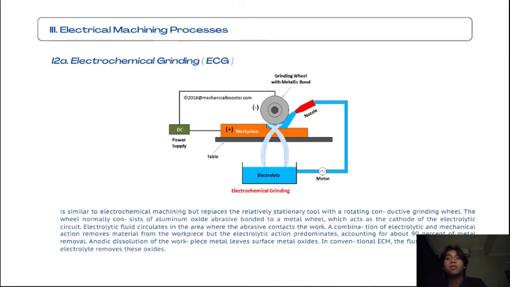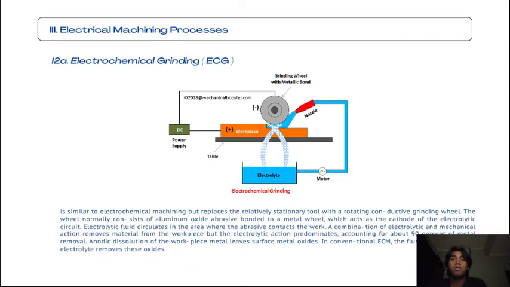Electrolytic fluid circulates in the area where the abrasive contacts the work. The combination of the electrolyte and mechanical action removes material from the workpiece, but the electrolytic action predominates, accounting for about 90% of metal removal.